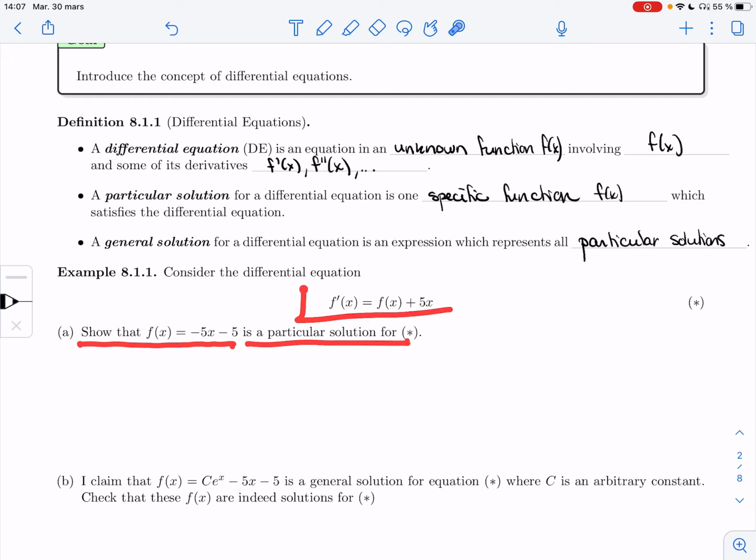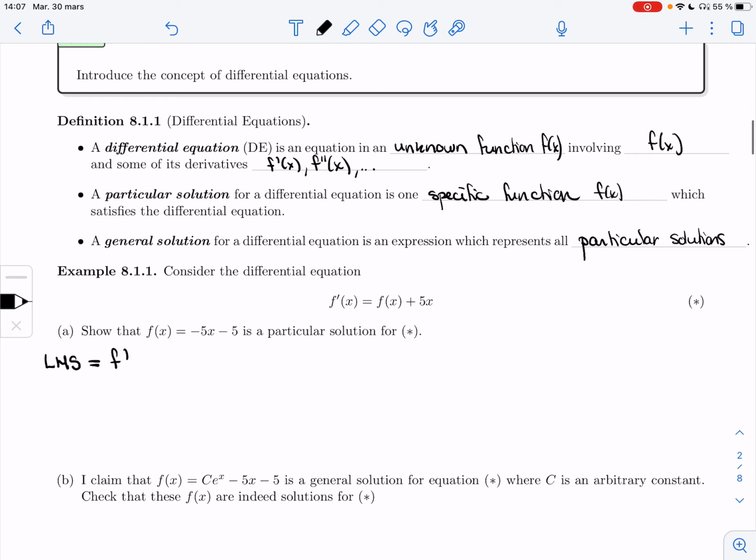So I need to check that this star equation is true for this function. I'm going to look at the two sides of the equation separately. If I look at the left-hand side, LHS for short, that's f prime. I take the derivative of the function I'm given, and that's minus 5 plus 0, so minus 5. Then I compare it to the right-hand side, RHS for short, when I replace f by the function I'm given.